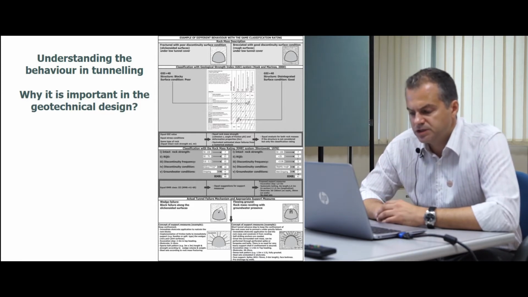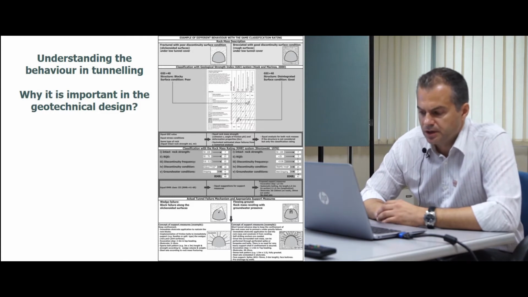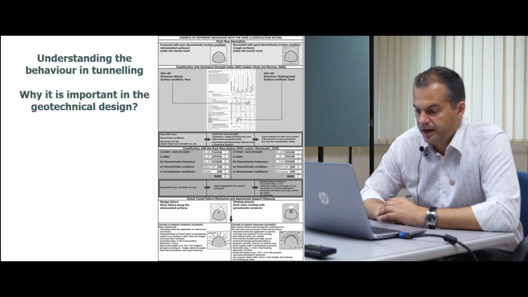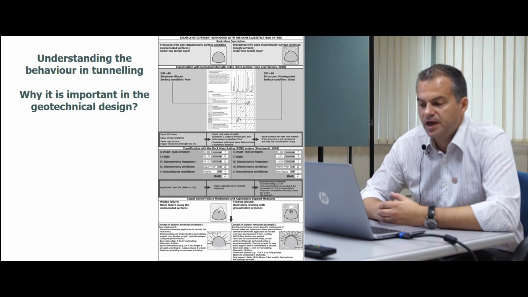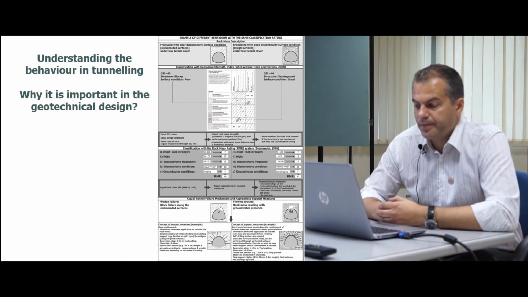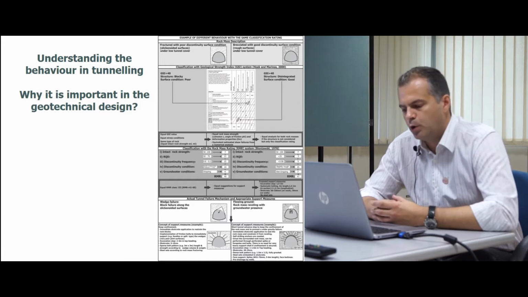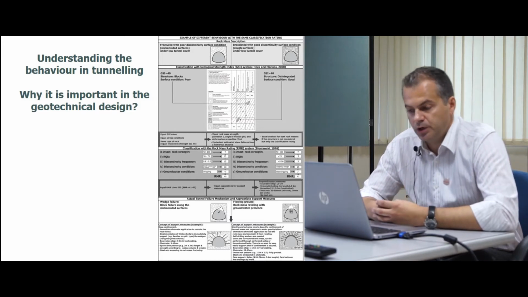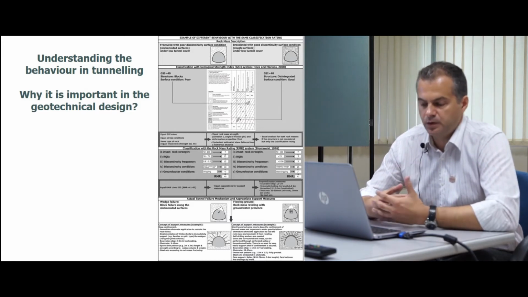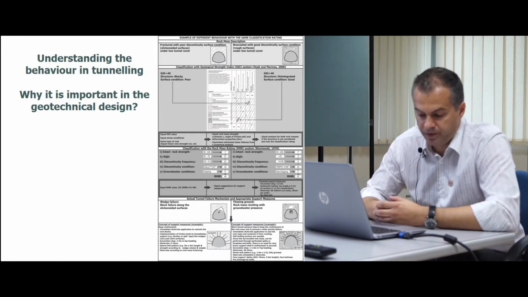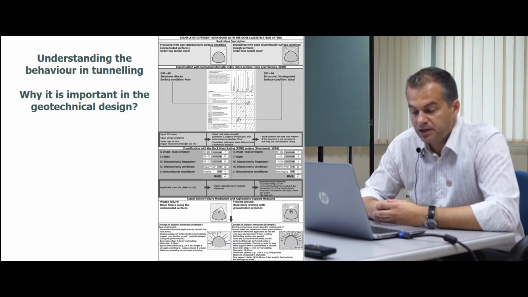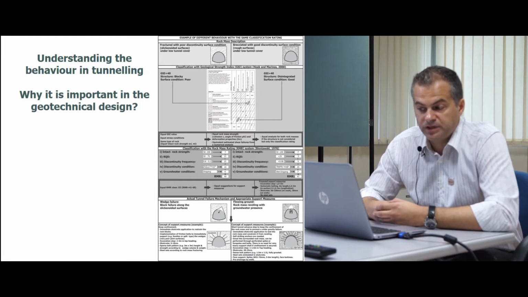When an engineering geologist faces and describes a tunnel face, he has to describe the geological conditions on the face, and then according to the contractual documents, he should decide together with the geotechnical engineer on site what kind of excavation and support category should be implemented.